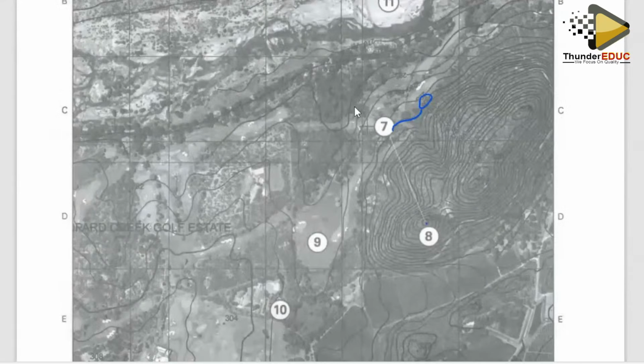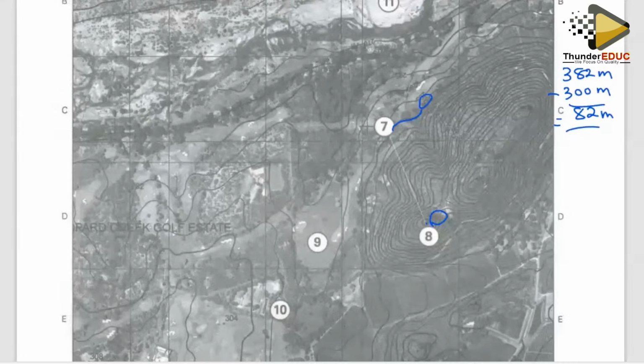Though it's not very clear on this map, our height is indicated here as 382. So our difference is 382, remembering our heights are in meters, minus 300 meters, which gives us 82 meters. That's the calculation for that one.